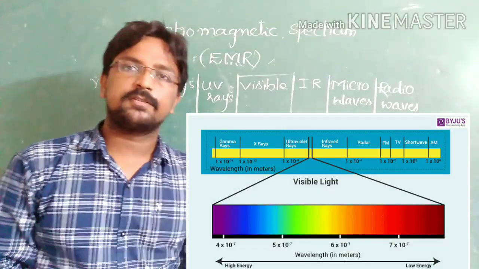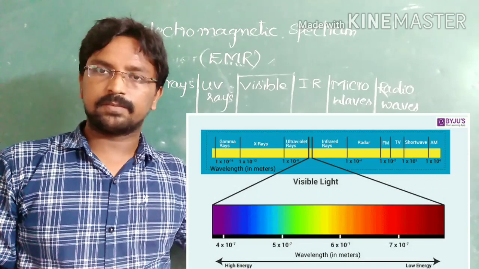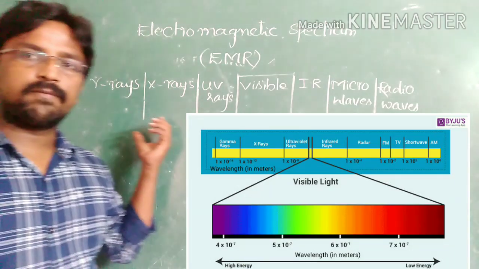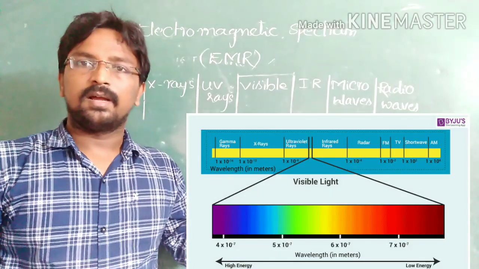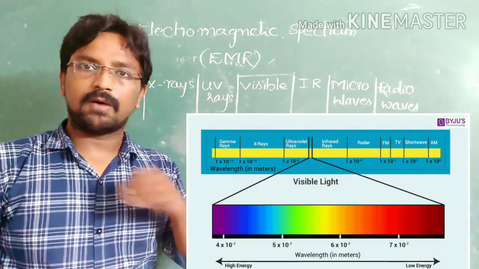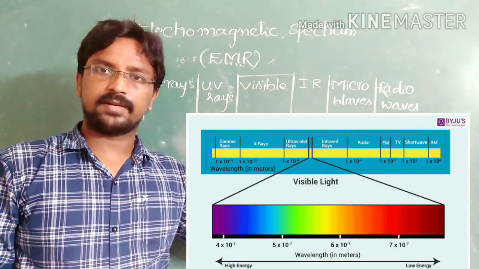This is the wavelength range sensible to the human naked eye. The remaining wavelengths are not observed by human eyes, right? So our eyes are only sensitive between 400 nanometers and 700 nanometers.